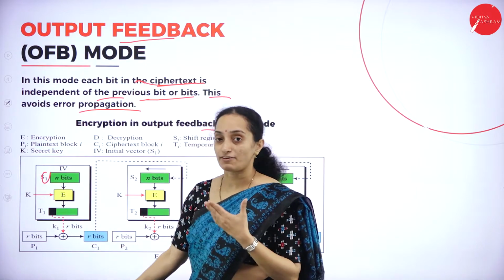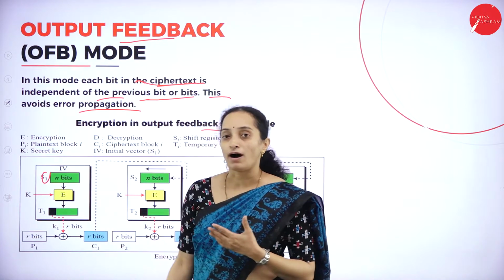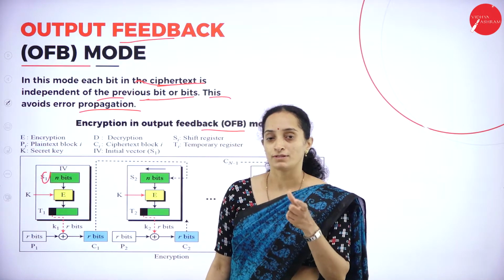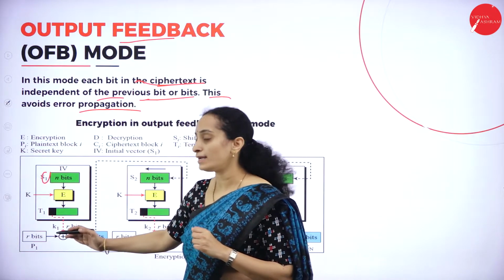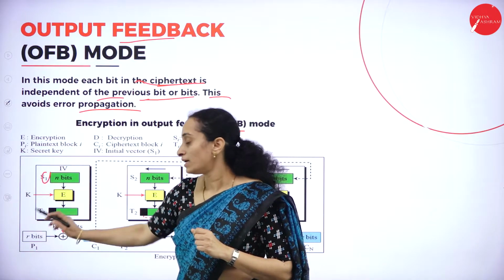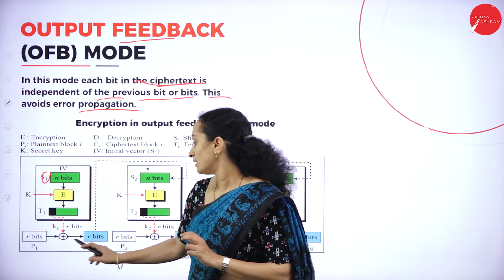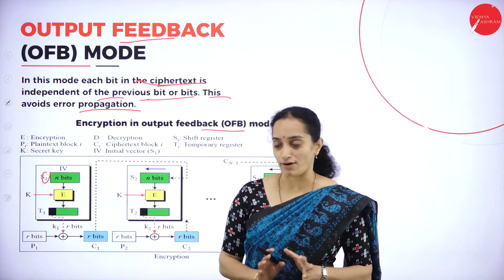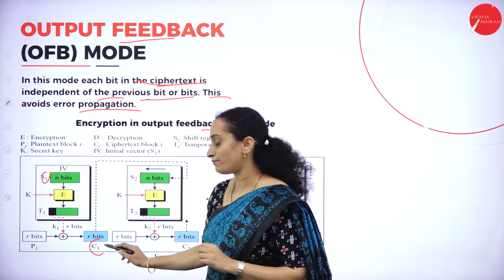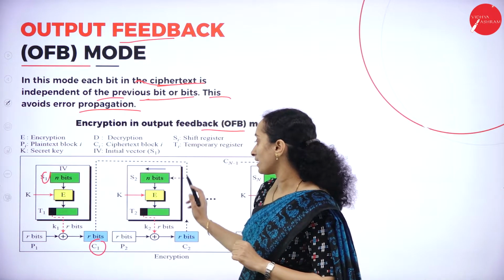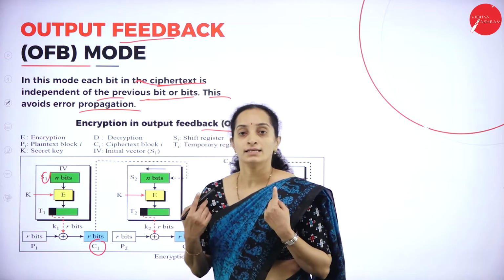The R bits of the temporary register are taken and XORed with the R bits from the plain text. Then you get a new set of R bits, which is ciphertext 1. This will be taken to the second round.